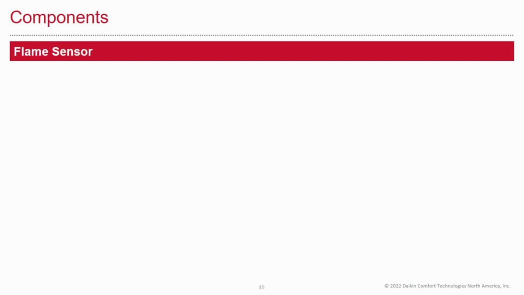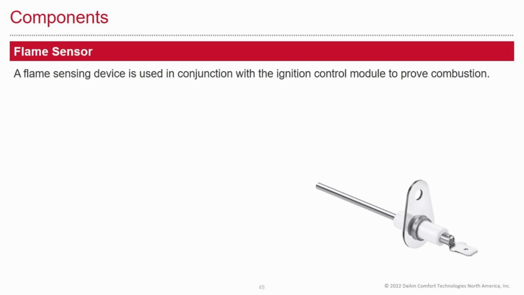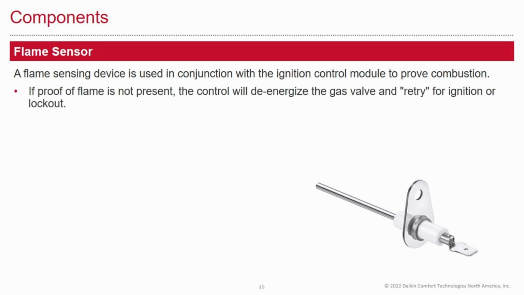Flame sensor. A flame sensor is a device that is used in conjunction with the ignition control module to improve combustion. If proof of flame is not present, the control will de-energize the gas valve and retry for ignition or lockout.